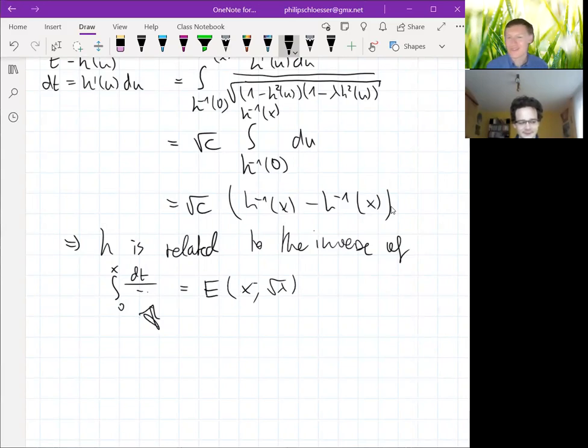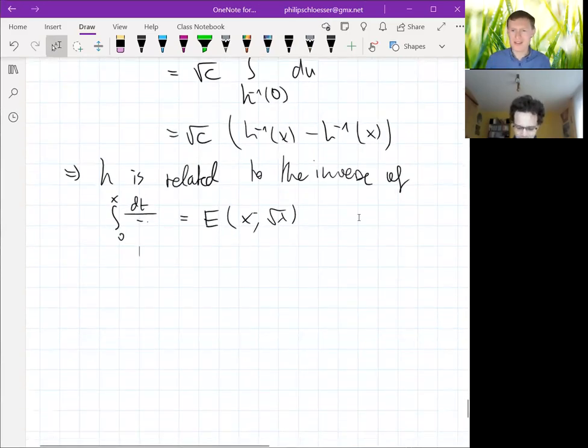And whenever a prof says, oh no, let's not go there, this integral is elliptic, they usually mean this particular integral. So from a physical standpoint, it is quite important. So it has a name.